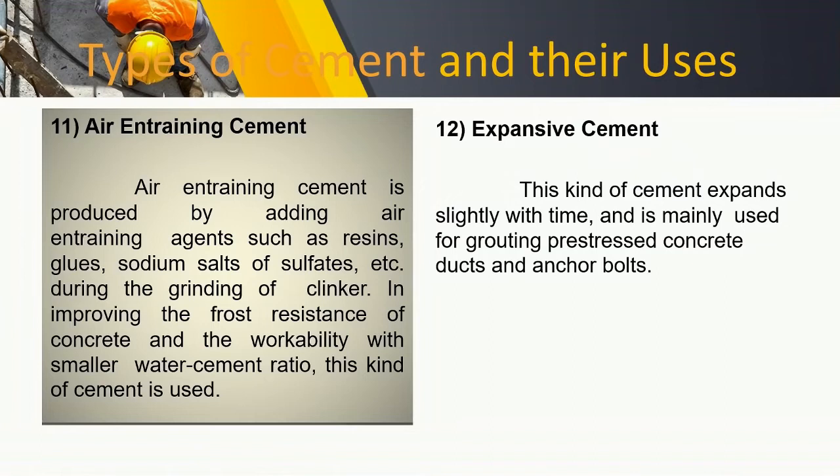11. Air entraining cement. So, it is produced by adding air entraining agents such as resin, glues, sodium salt of sulfates, etc. during the grinding of clinker, in improving the frost resistance of concrete and the workability with smaller water cement ratio. This kind of cement is used.